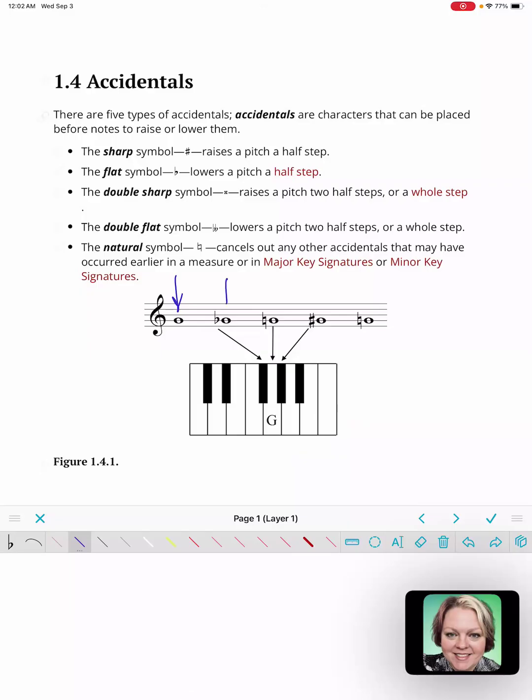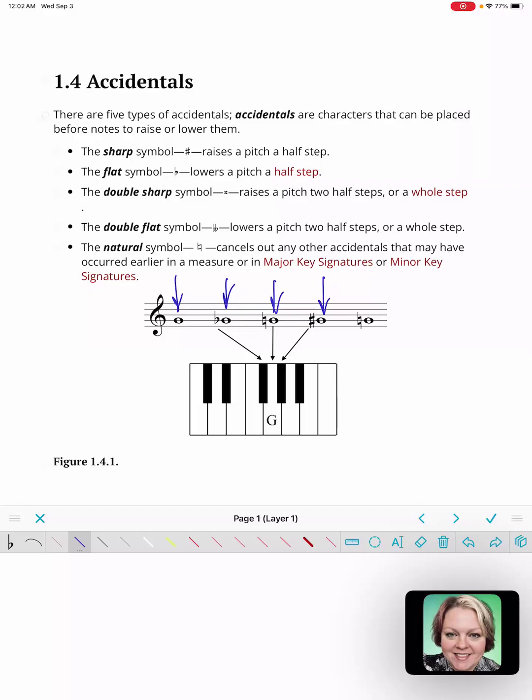Second note, G flat. That's one to the left of the G, so I'll go to the left. Third note, back to regular G. Fourth note is now G sharp. There's a sharp in front of it. You move one to the right.